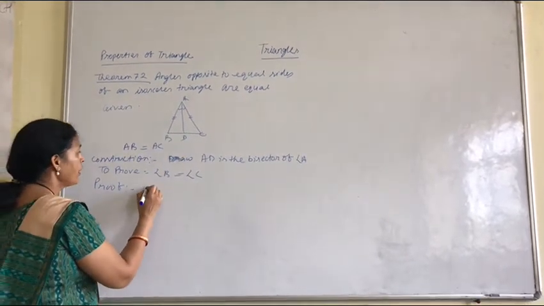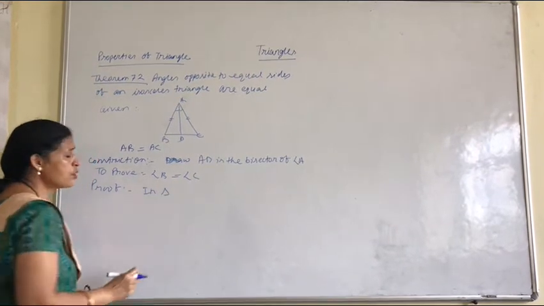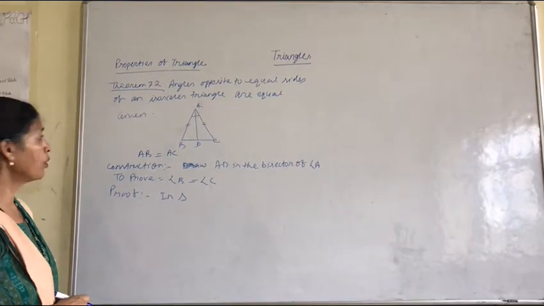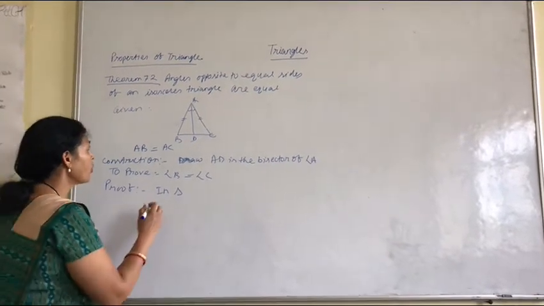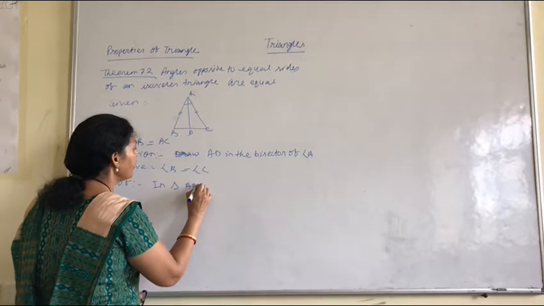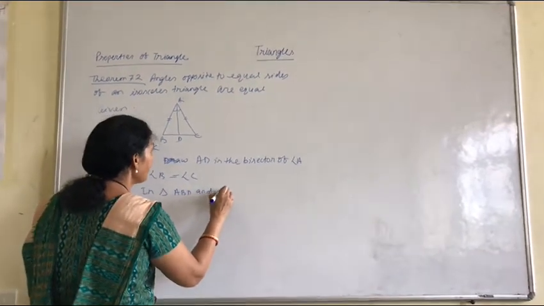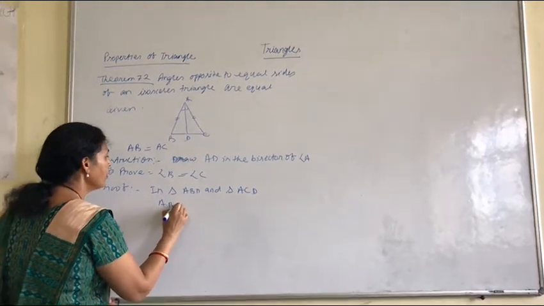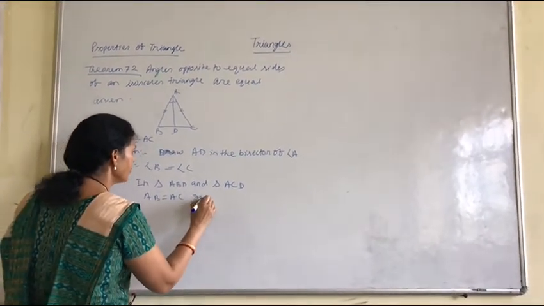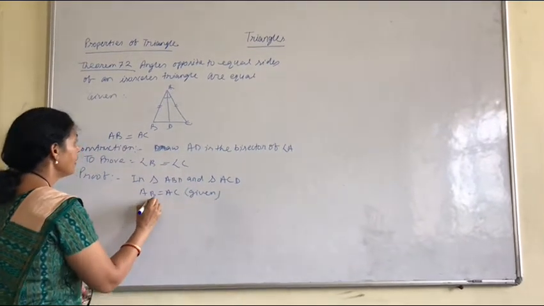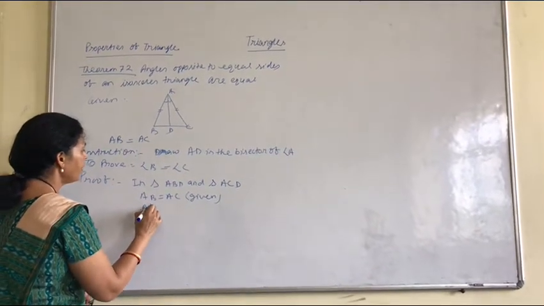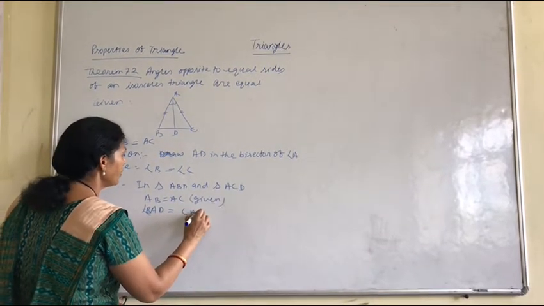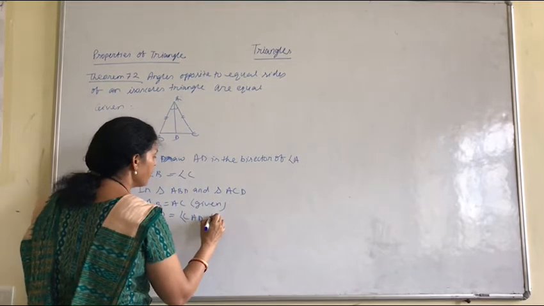So first you can prove the congruency of ABD and ACD, then you can prove angle B is equal to angle C. So, in triangle ABD and triangle ACD, AB is equal to AC, given. Angle BAD is equal to angle CAD by construction.